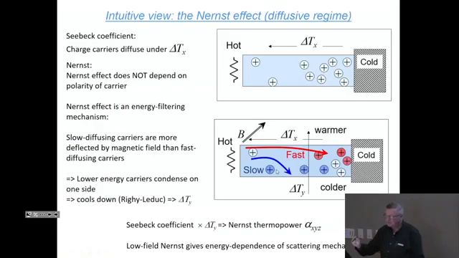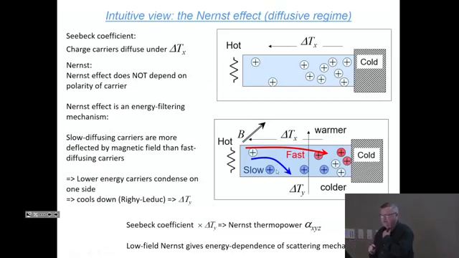Okay, so now let me abandon the red headings, which were the general case, valid for any system, hopping, magnetic, whatever. And let's move into the classic, very simple ideal gas picture for electrons. And I can give you, again, intuitive views. Just like we had the intuitive view for the Seebeck coefficient, that you heat one side up, cool the other side down, and your electrons are going to just condense on the cold side, so that the Seebeck coefficient, if you put your red voltmeter wire here, will give you the sign, the polarity of the carrier.